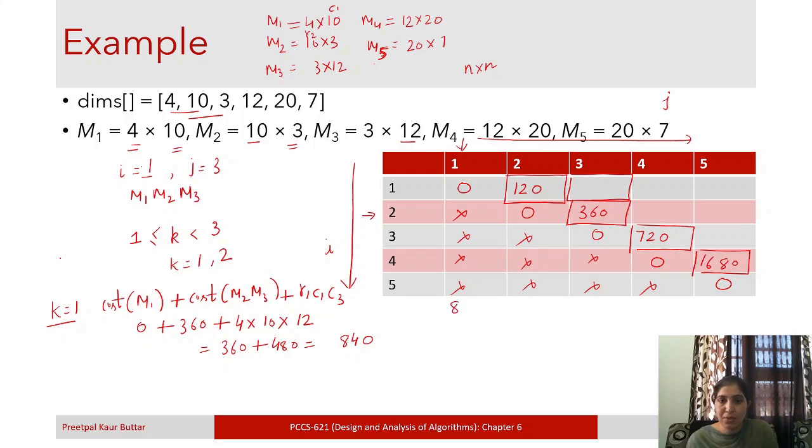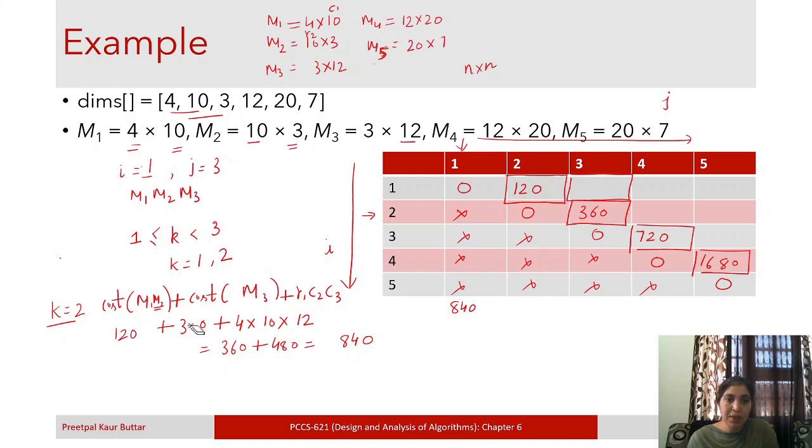So the first option you have is 840, and now the next option is when k is 2. So when k is 2, it means in the first subproblem you have matrices up to 2, and the remaining matrices will go to the second subproblem, and the overall cost will be r1 into c2, because it is m2 here, into c3, okay, and the cost of m1 m2 is 1 into 2, this is 120 as written here.